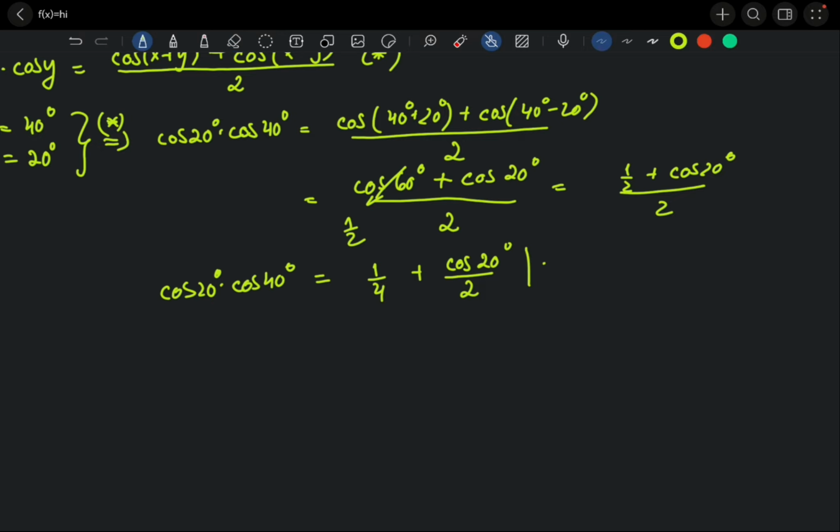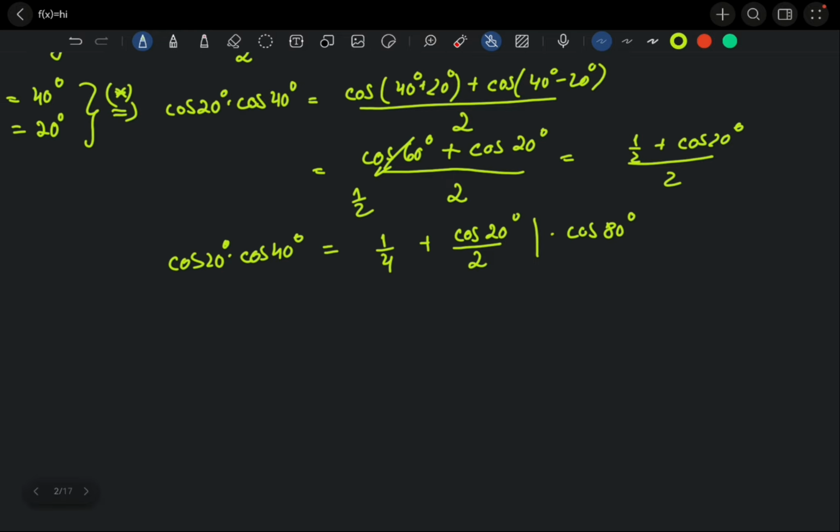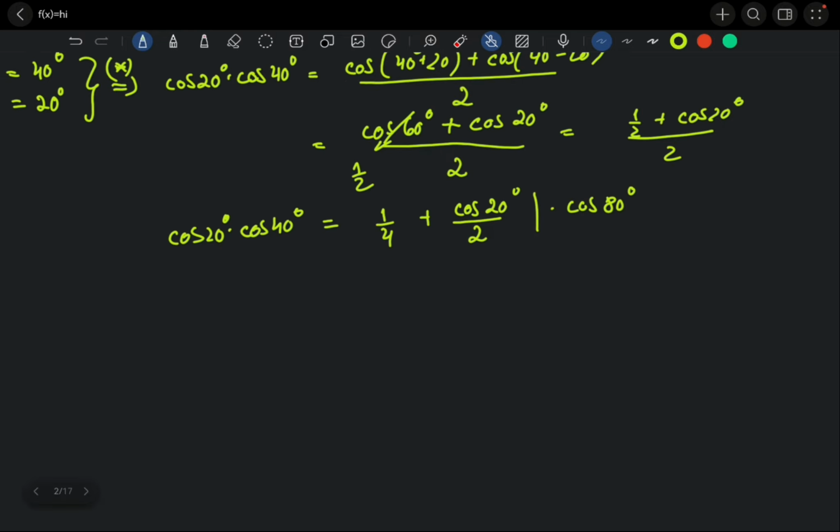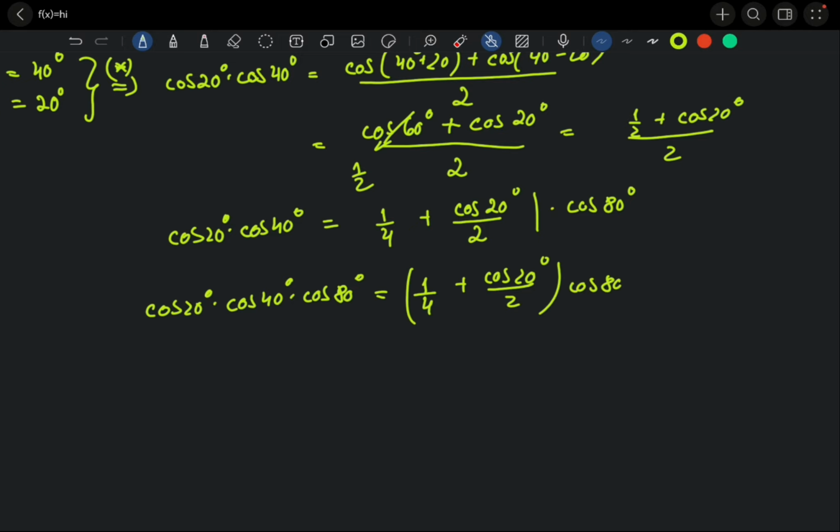And by multiplying this entire expression by cosine of 80 degrees, we get that cosine of 20 times cosine of 40 times cosine of 80 is equal to 1/4 plus cosine of 20 degrees all over 2 times cosine of 80 degrees.